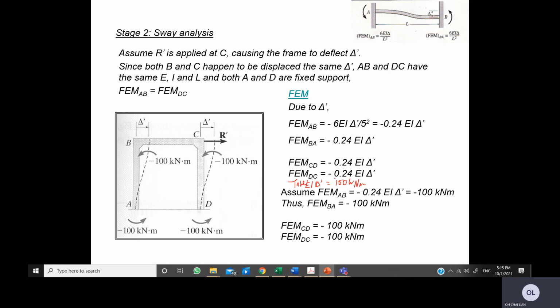So in this case, if I take EI delta as 100 kilonewton meter, I will get here negative 24, negative 24, negative 24, negative 24.